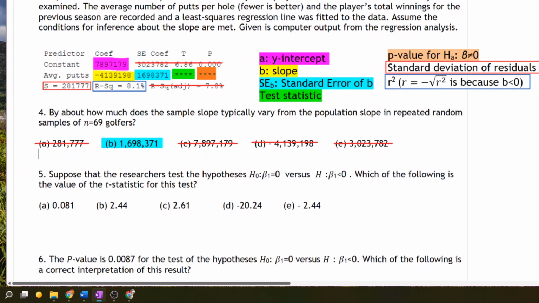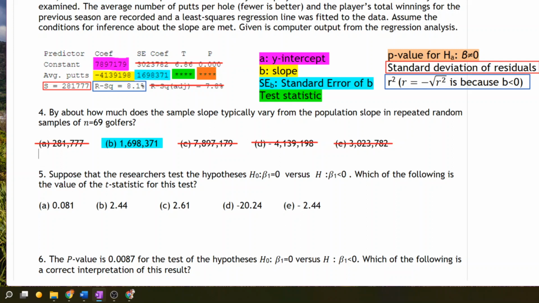Okay, the next one. Suppose that the researchers want to test the hypothesis beta 1 equals 0 versus beta 1 is less than 0. Which is the value of the test statistic? They don't give you the actual test statistic here. It's been starred out.